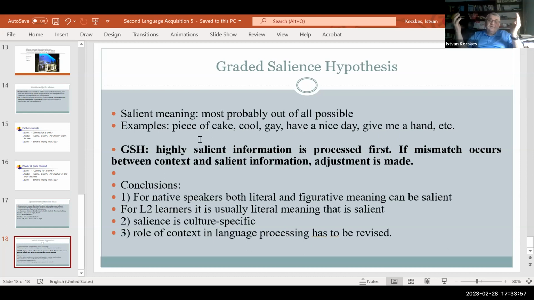There are a lot of factors that affect your salience, such as your private experience. Your private experience may be positive with something that is usually negative. I don't have the slide here, but one of my favorite examples is from a British sitcom where two ladies, Jill and Jane, are talking.